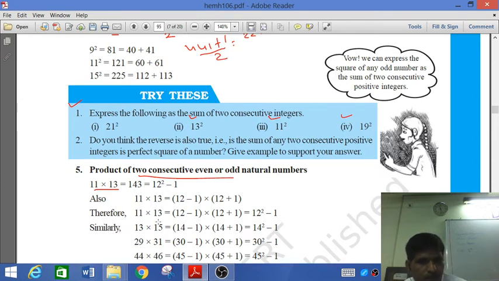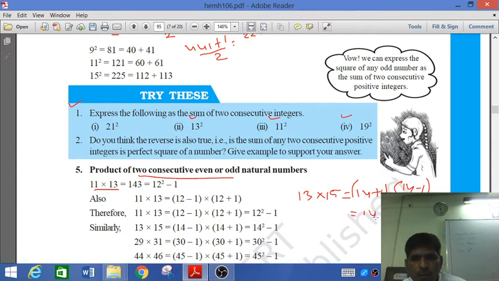Now if we discuss 13 into 15, the product of it. Between it, which number is there? 14. So I have to write 14 plus 1 and 14 minus 1.